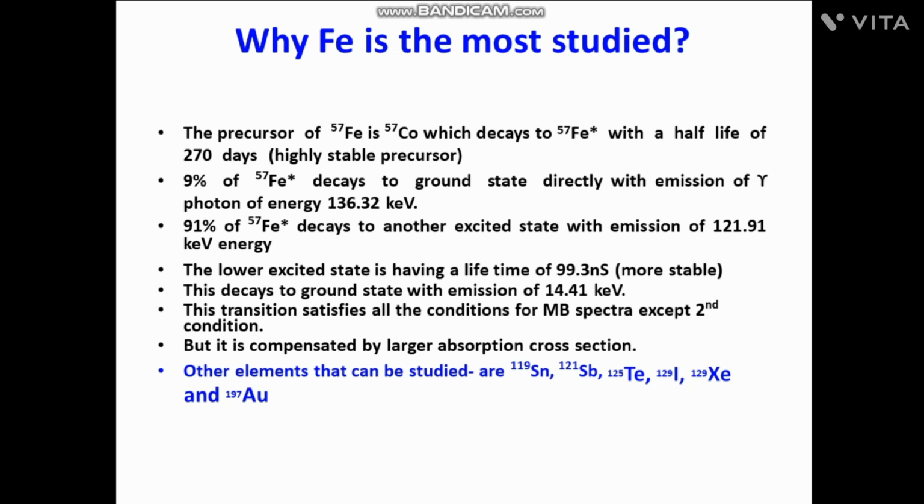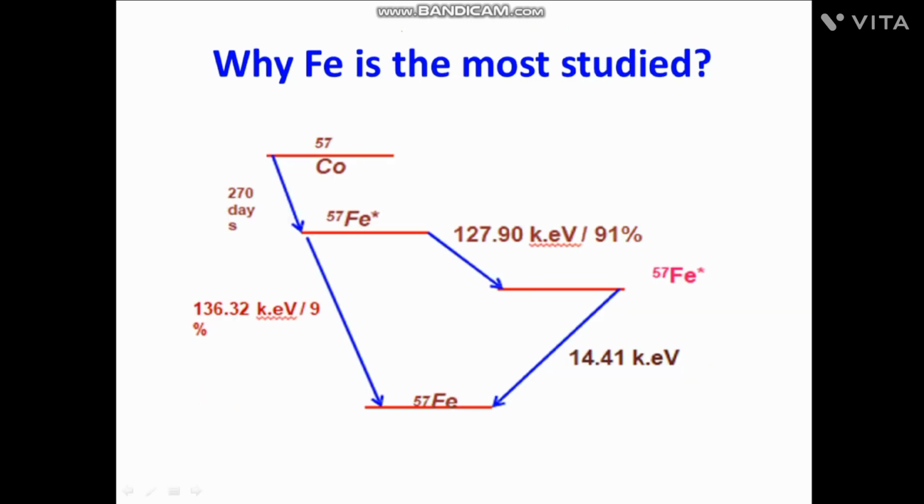The formed iron 57 will decay in two ways. 9% of it will decay straight to the ground state by emitting 136 keV of energy, and 91% of it decays to another excited state with the emission of 121.91 keV energy. The lower excited state has a lifetime of 99.3 ns, which is more stable. This decays to the ground state with the emission of 14.41 keV.